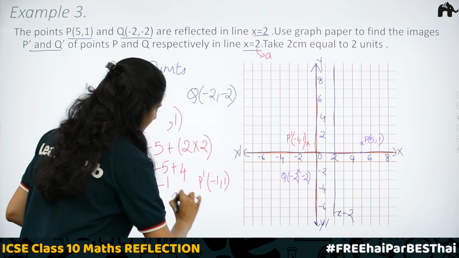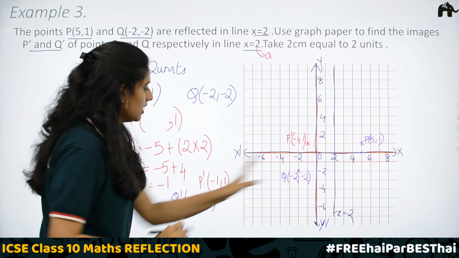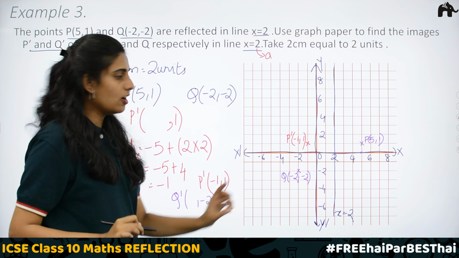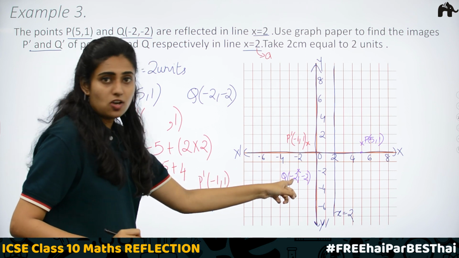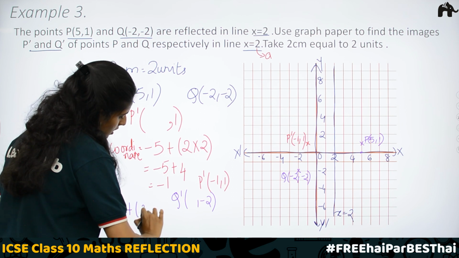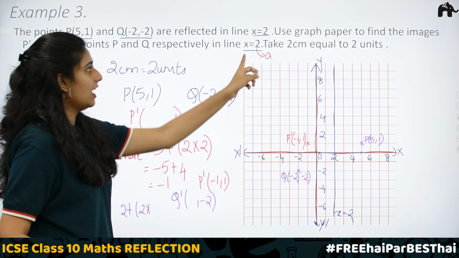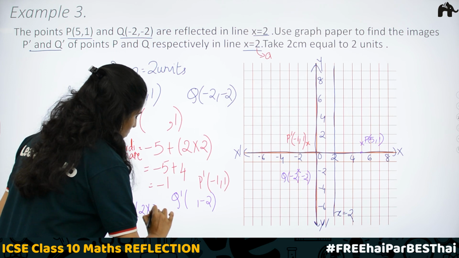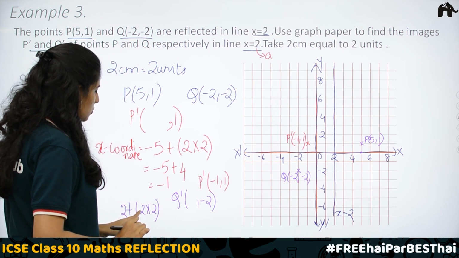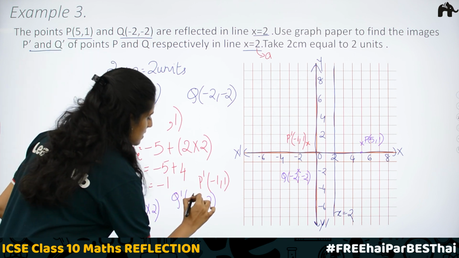Q dash will be having coordinates. Y-coordinate is same, minus 2. Now, what is the x-coordinate? How to find x-coordinate? Take the opposite sign. Here the x-coordinate is minus 2. Opposite sign plus 2 into a. What is a here? A is equal to 2. 2 plus 2 into 2, 4. 4 plus 2, 6.